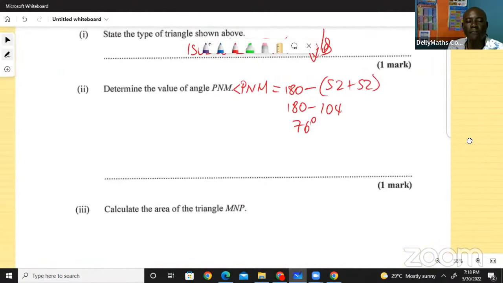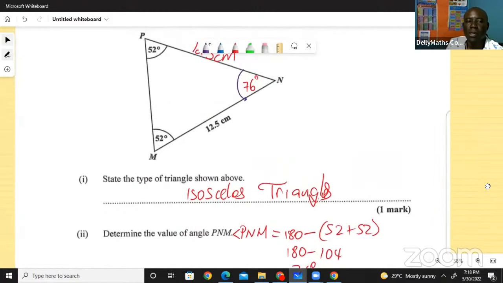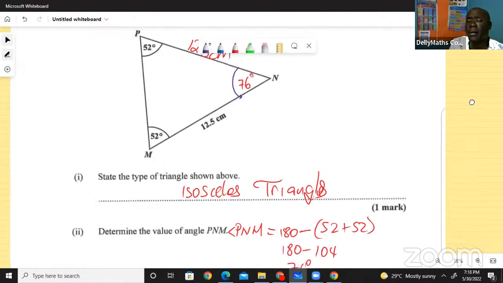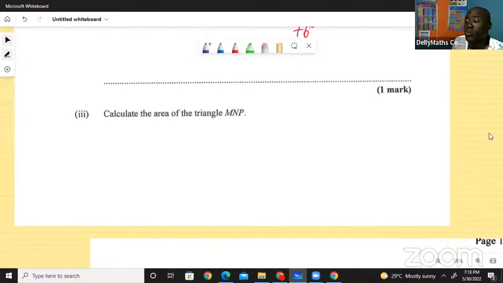Calculate the area of triangle MNP. All right, there's something I want you guys to know. A question like this comes a lot. You can use trigonometry to find the area of triangles, but it works when there is an angle between two sides.